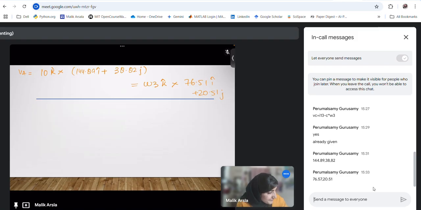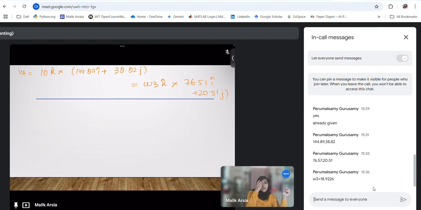Now it's just a straightforward cross multiplication and you will get the values. So k cross I will be j, so it will be 76.53 omega 3 j, and you can multiply and substitute these terms. So you quickly do it and tell me what you're getting.